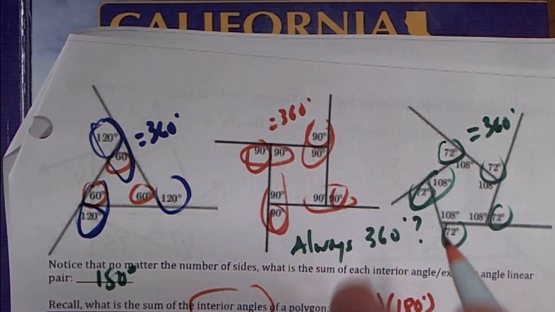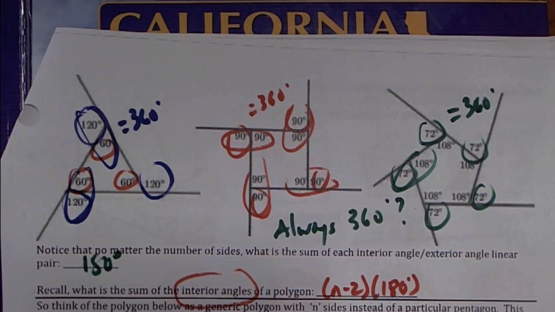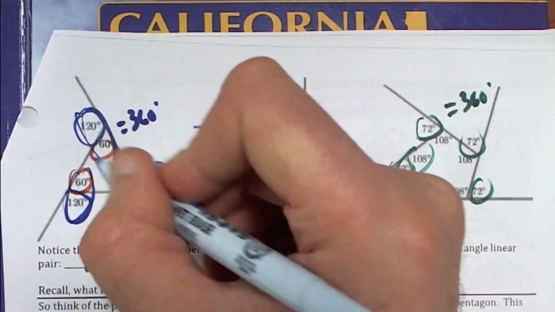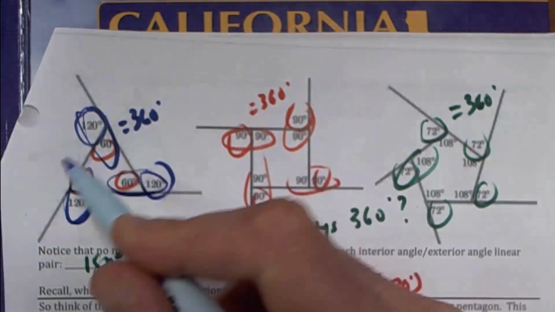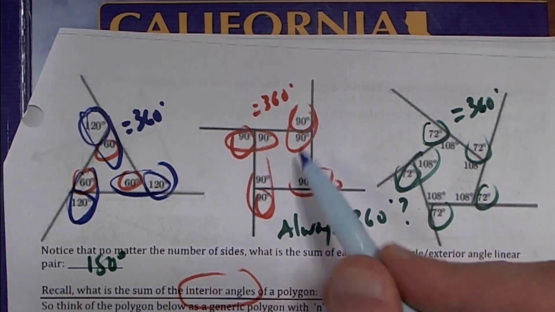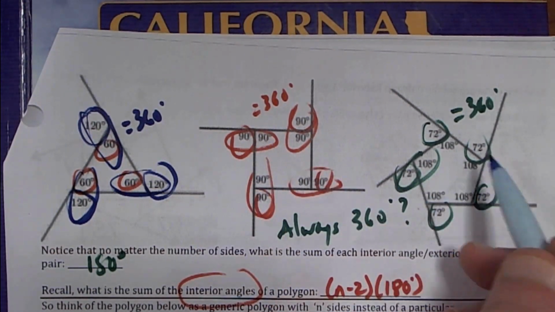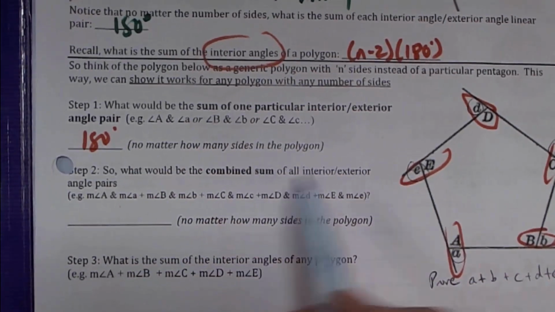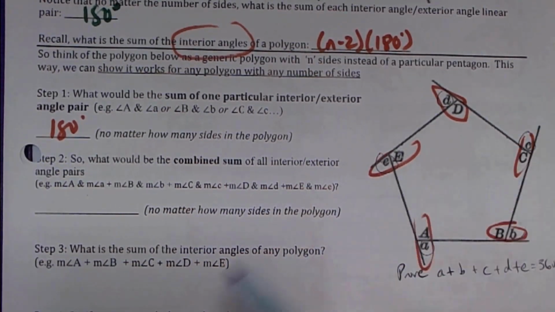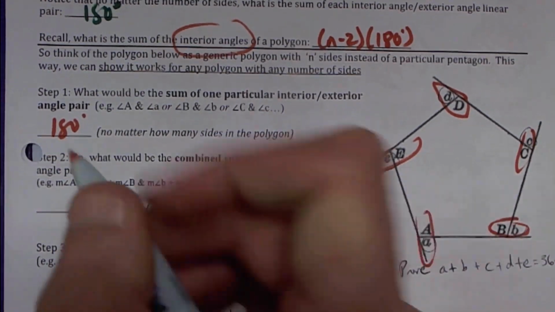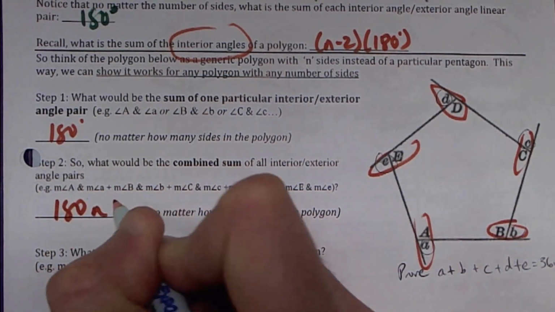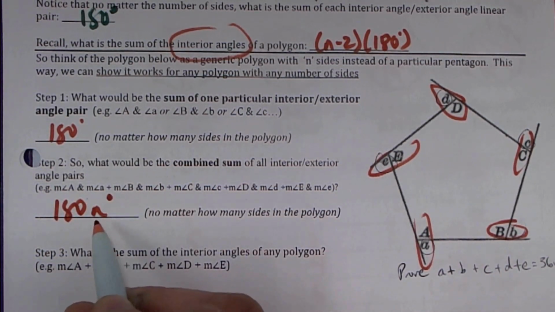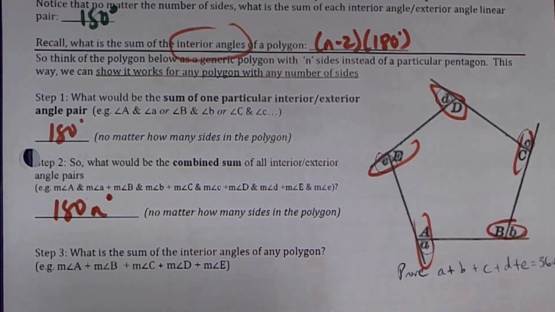So it's always 180 times the number of sides, right? So it's always the total combined sum, 180 times n. I've got 5 of them here, or whatever.